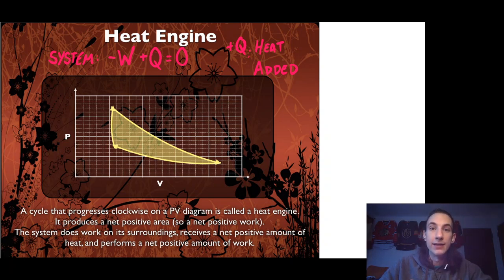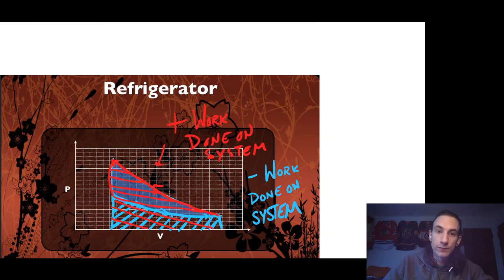We're looking at delta U equals W plus Q. In this case, we have a net negative work done on our system because work is done on the environment, so it's lost from our system to the environment. In order to make that change in internal energy equal to 0, we have to add heat to our system. So we have this heat engine that has heat added to our system.